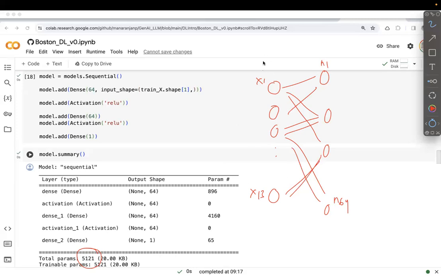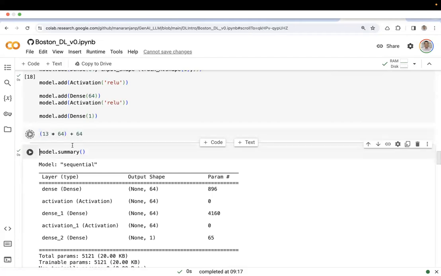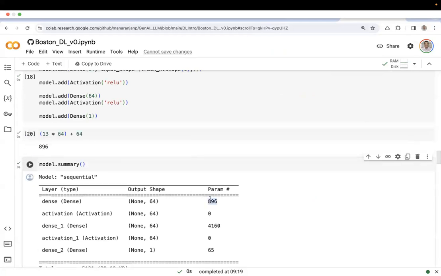That will be 13 multiplied by 64 weights. And of course, each of these neurons will have a bias term, remember, every neuron, so plus 64. If you do 13 multiplied by 64, plus 64, that comes to 896.